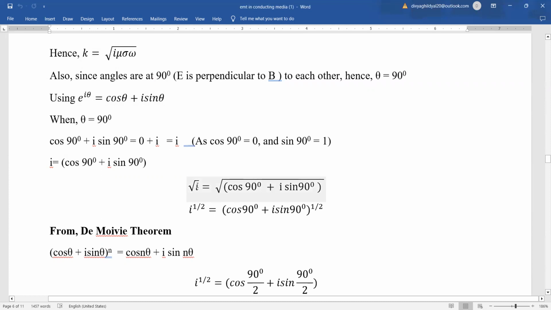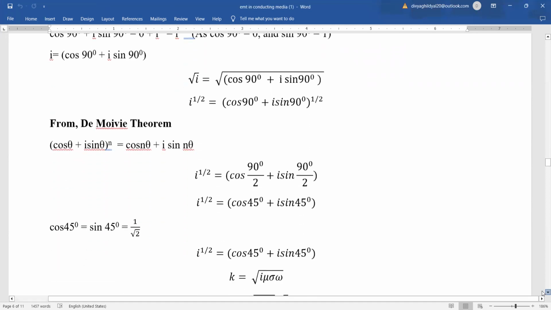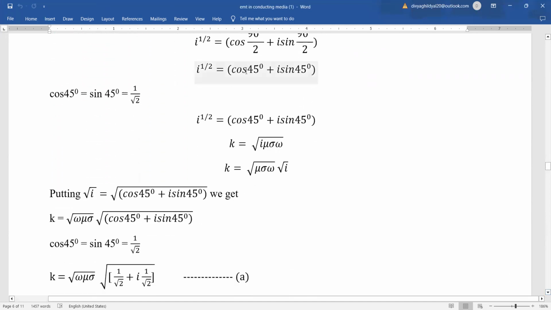So i is equal to cos 90 degree plus i sin 90 degree, and taking under root on both the sides and using De Moivre's theorem, we get i to the power of half is equal to cos 45 degree plus i sin 45 degree. And then K is under root i mu sigma omega.